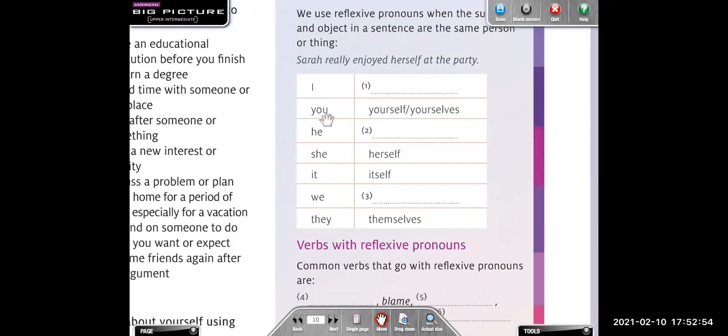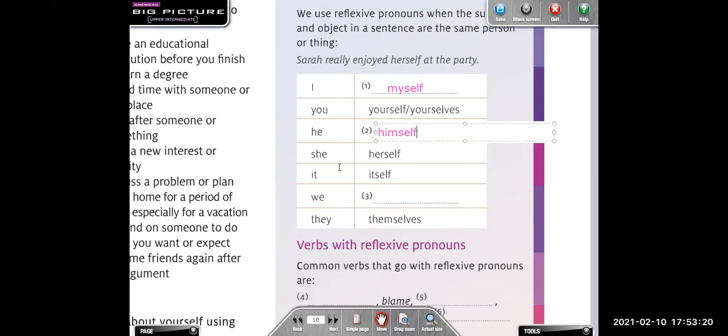So here we have I. What is the reflexive pronoun here? Myself. Very good. So we have you, yourself for singular, and yourselves for plural. He, himself, right? Very good.